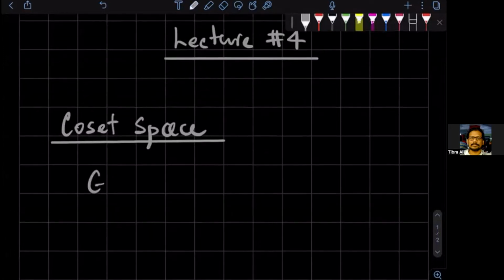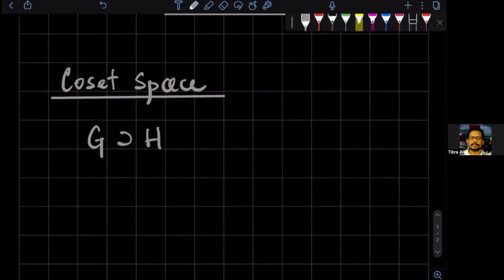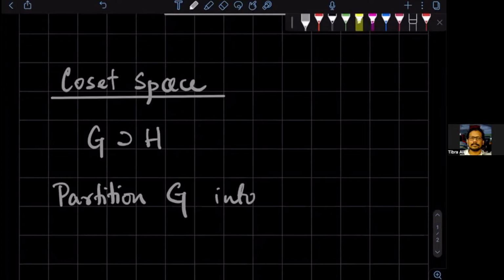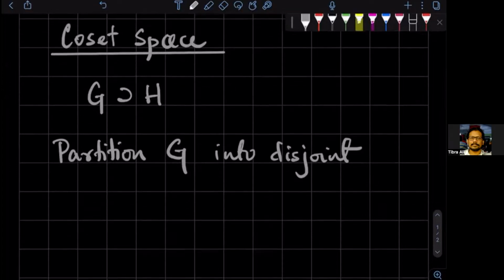So if you have a group G and H is some subgroup, then we can partition the group, partition the set, that is the group, into disjoint subsets.